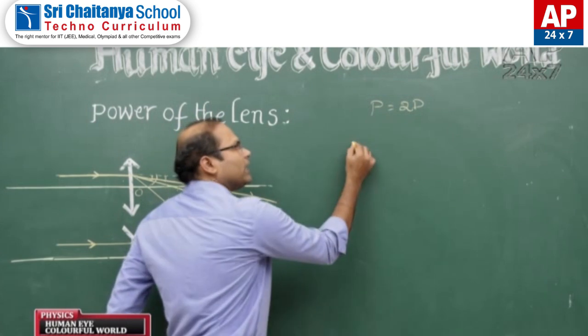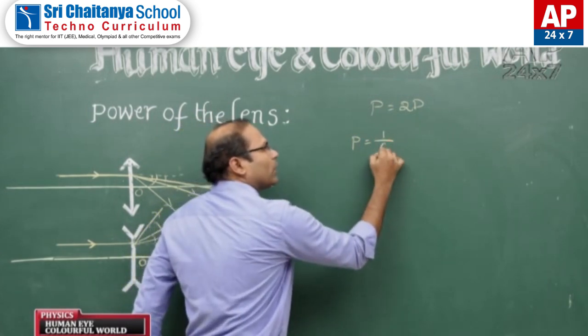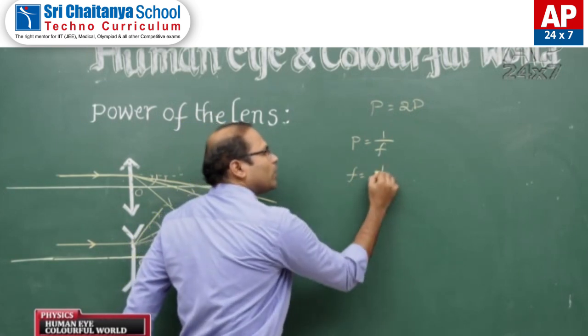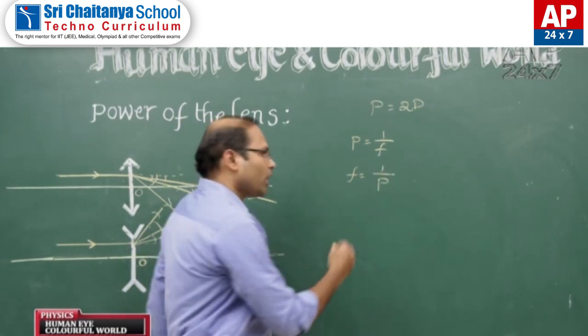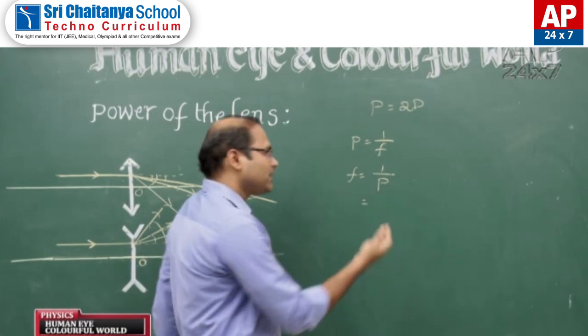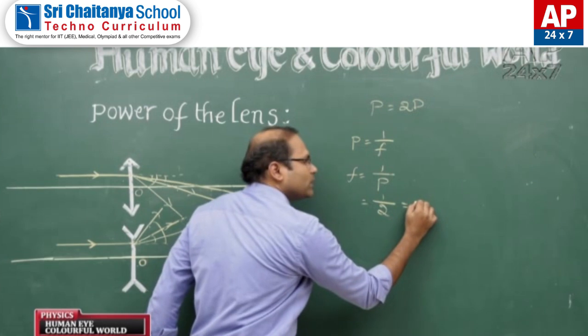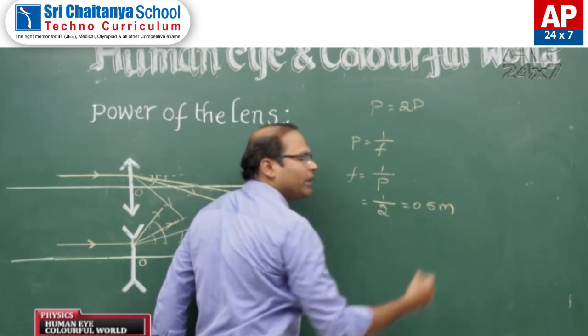We already learned power is the reciprocal of focal length. So from that, focal length is equal to 1 by P. If you want the answer in meters, you can use this formula, that is 1 by 2, you will get 0.5 meters.